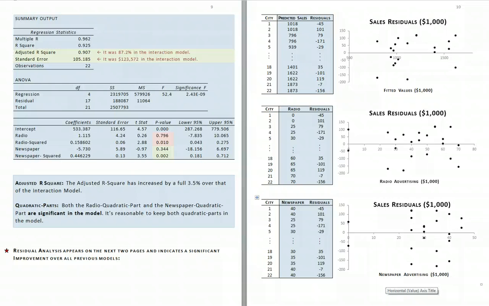Note that the residual analysis is excellent. The problem we had before of curvature in the residuals versus the radio advertising expense no longer exists. And the same comment applies for the curvature that we had before in the residuals versus the newspaper advertising expense.